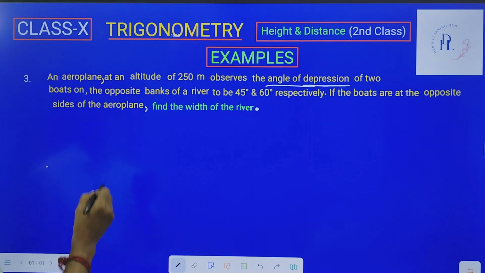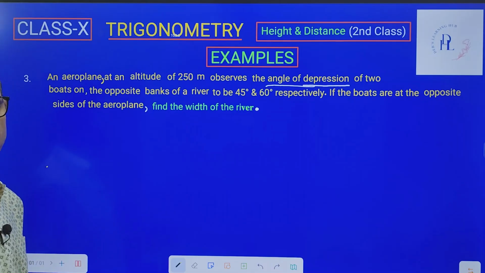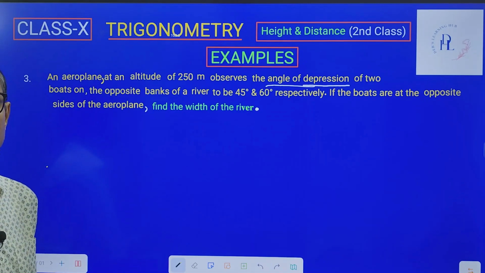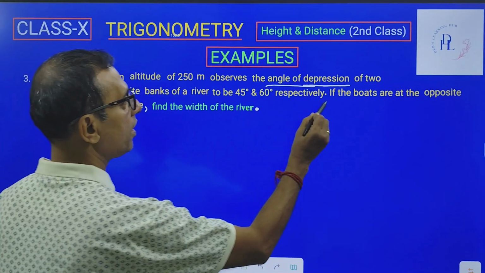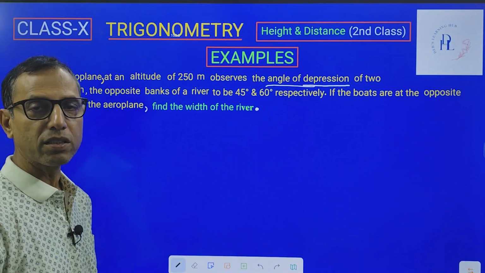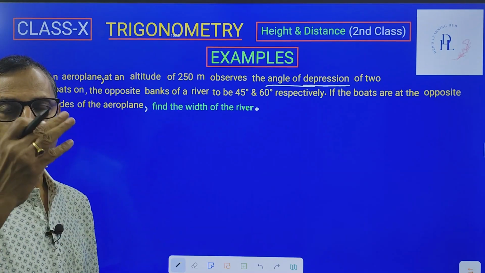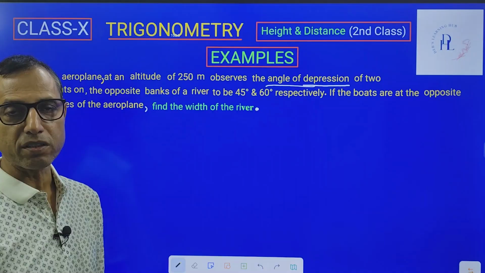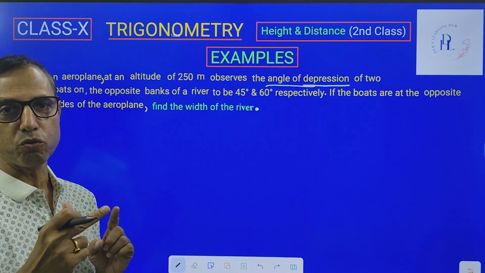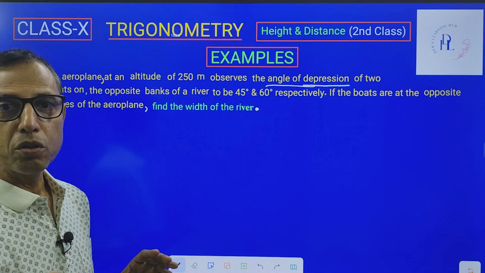Now where are the boats? On the opposite banks of a river. So then where is the position of the aeroplane? If the boats are on opposite sides of the aeroplane, that means the aeroplane is in between the two banks. The aeroplane is midway over the river, from where it is observing two boats at two opposite banks.